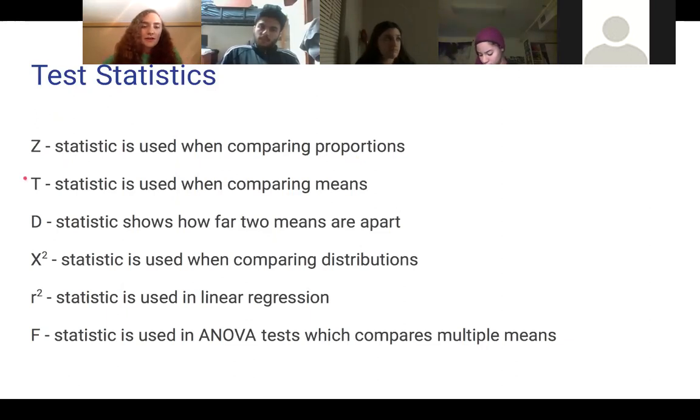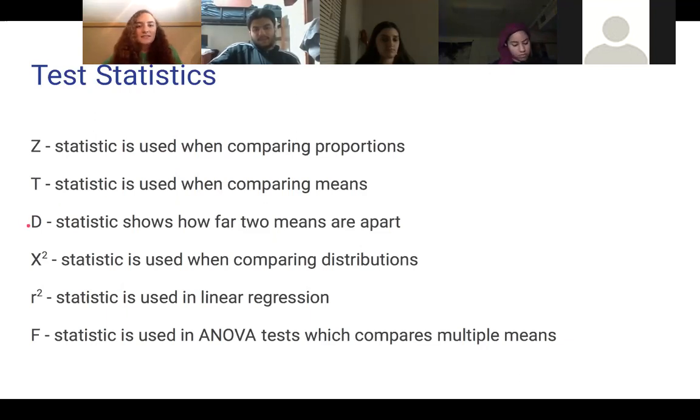When you hear a T test or T statistic, that's used when they're comparing means. For example, for my alternative hypothesis, I believe that the average for the class on the test was a 70, equal to a 70. That would be an example of a T test.